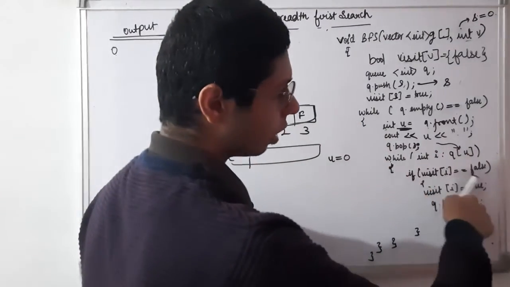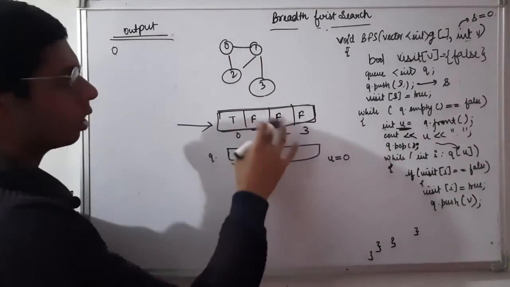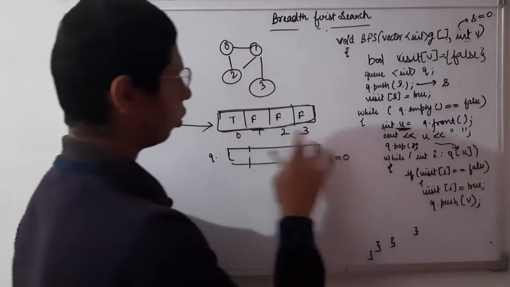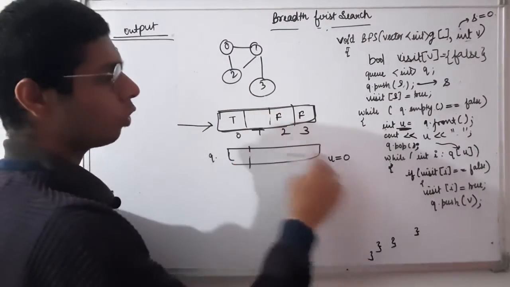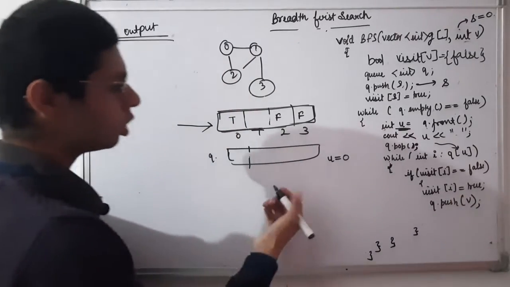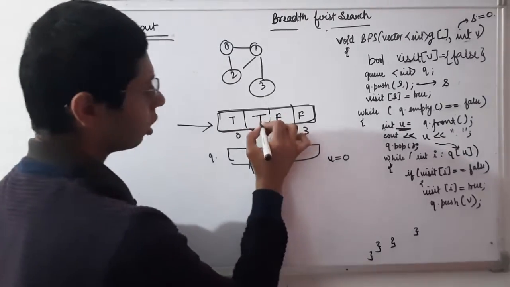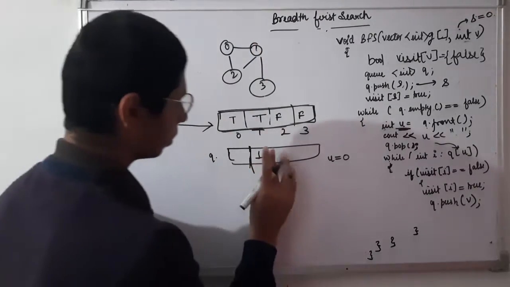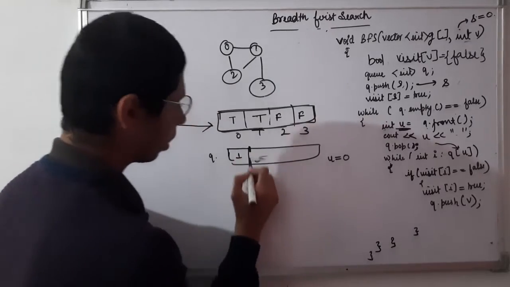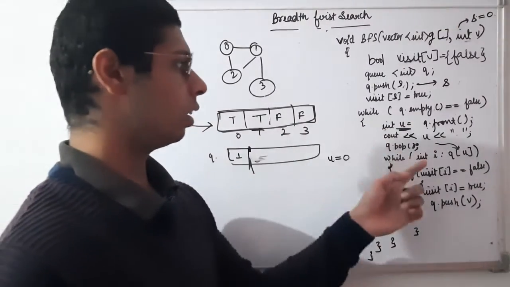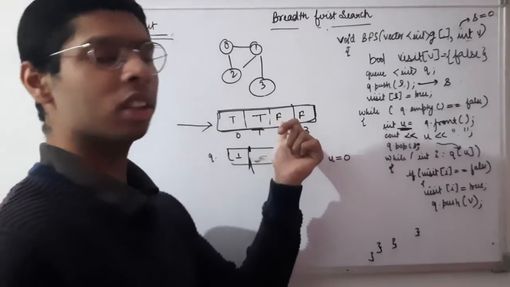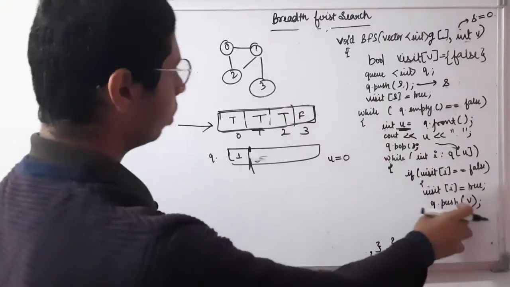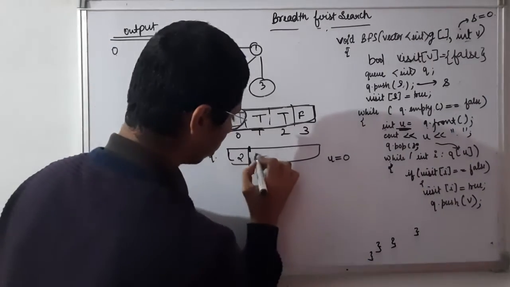So here you can see the check visited[i] equals false. When it is false, we make the value true and push this value into the queue. So let's make it true and insert the value 1 into the queue. After that, the loop will run again, come to 2, see that the value is again false, make it true and insert the value 2 into the queue.